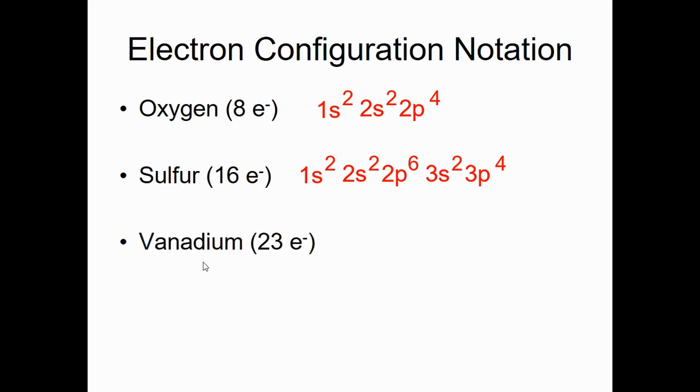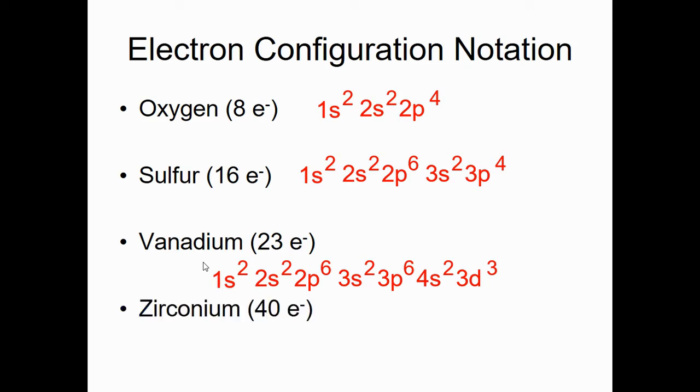Vanadium is in the D block. It's on the very first row of the D block. You should have come up with 1s2, 2s2, 2p6, 3s2, 3p6, 4s2. Now it drops to a 3d. How many? 3d3. And the last one is zirconium. That has 40 electrons.